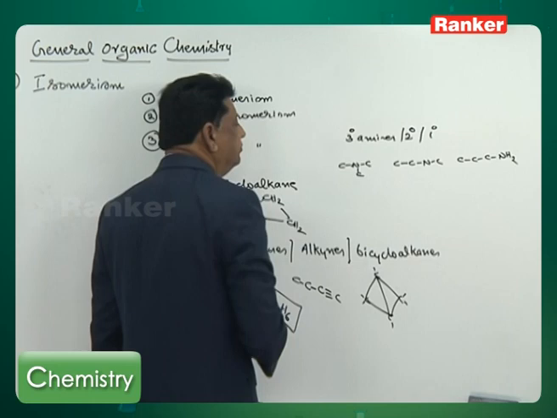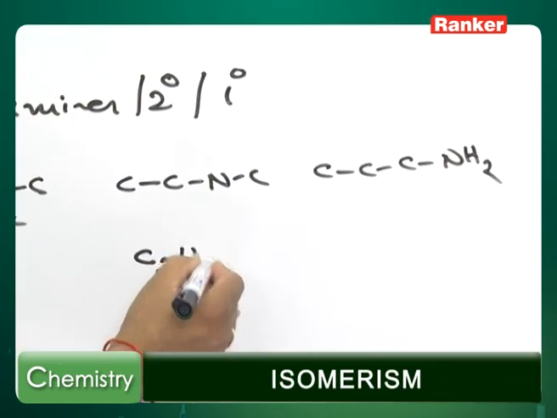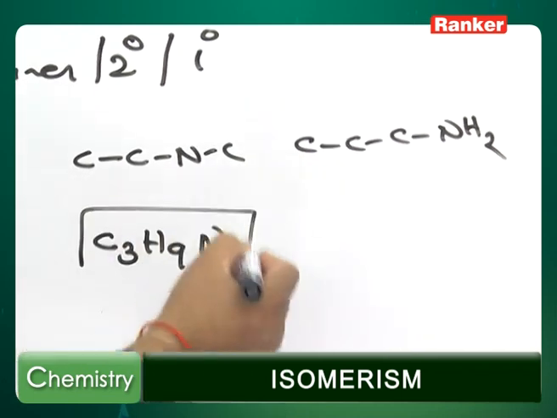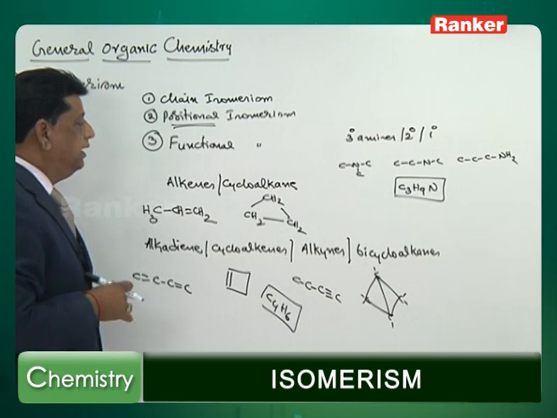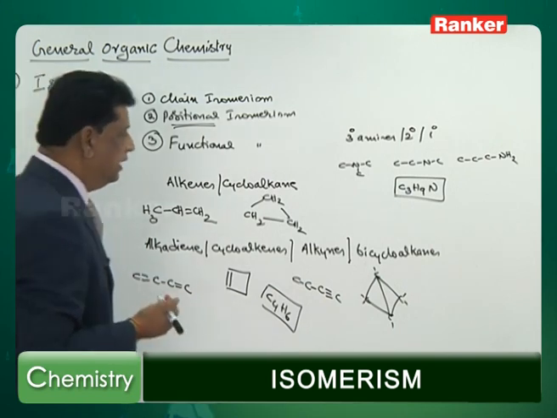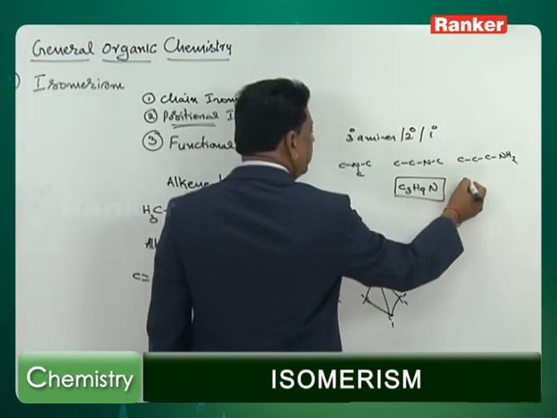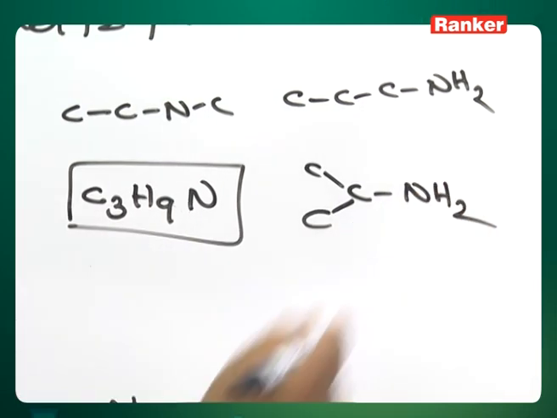Trimethylamine is a 3-degree amine. All have the C3H9N formula. With this, these 3 types of compounds are coming. 3-degree means tertiary amine, secondary amine, primary amine. You can get one more primary amine, isopropylamine, also.